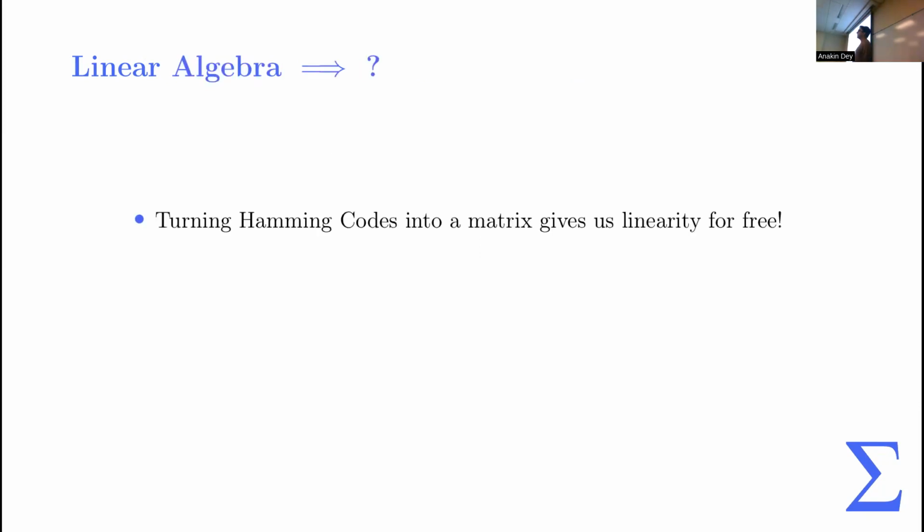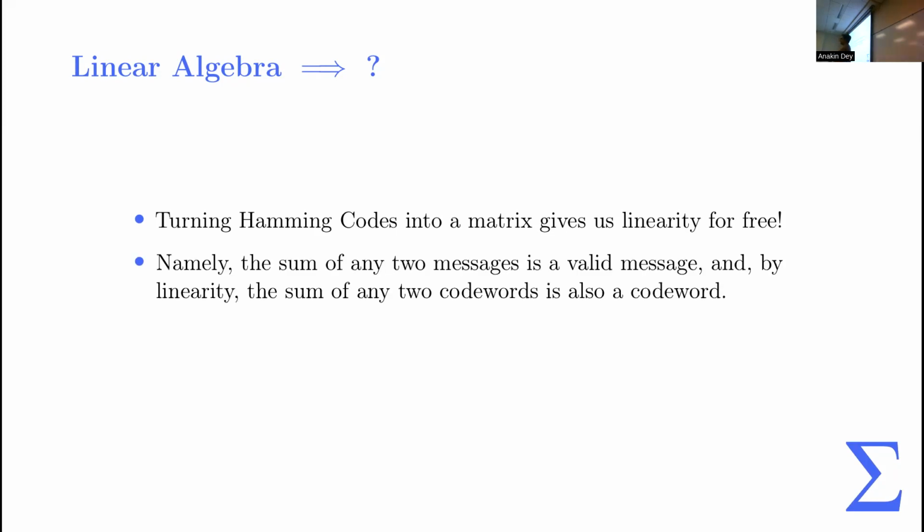What's nice about this, though, is now we've got linear algebra, and that gives us a lot of nice properties, right? We've just said that the Hamming code that we talked about, we can talk about as a matrix, which means that anything we do with matrices, we can also do with Hamming codes, mainly linearity. So with a Hamming code, and with any code you can make by doing this matrix technique, we know that any 2 messages, when we sum them together, are another valid message because our message space is every binary string of some length.